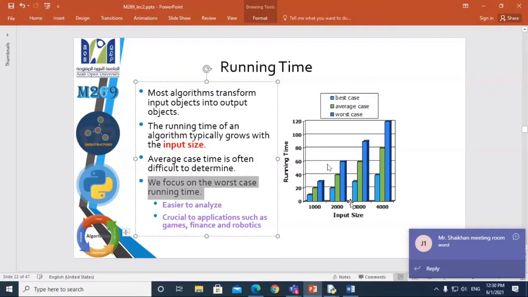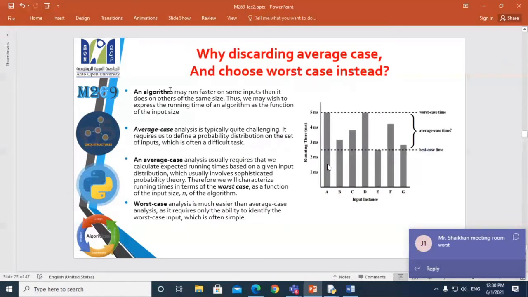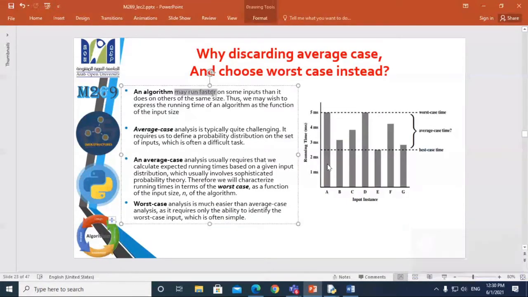There are several reasons, of course, including that it is easier to analyze. An algorithm may run faster on some inputs than it does on others of the same size. Sometimes your machine may be faster.